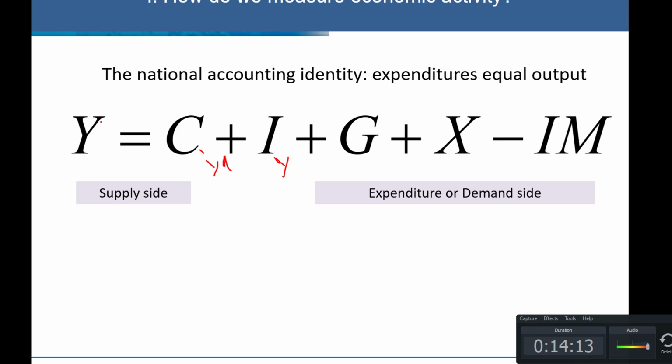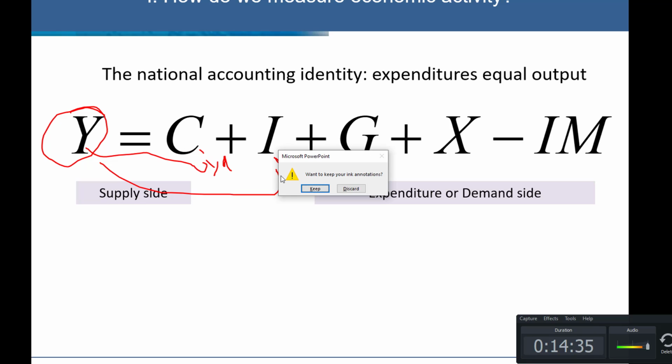So you can see that we have Y here on both the right-hand side and the left-hand side. We want to make sure that we're talking about the very same value of GDP on both the left and right-hand side, and we have a way to reconcile that, but we'll do that in another video.